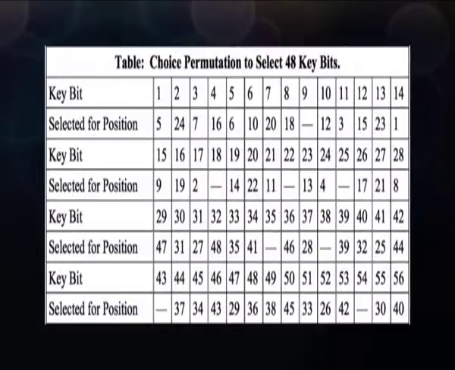At each step in the cycle, the key is split into two 28-bit halves. The halves are shifted left by a specified number of digits. The halves are then pasted together again, and 48 of these 56 bits are permuted to use as a key during each cycle.